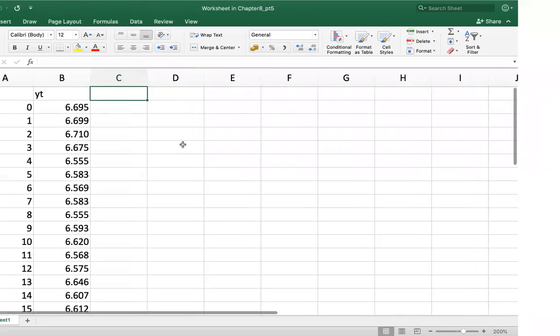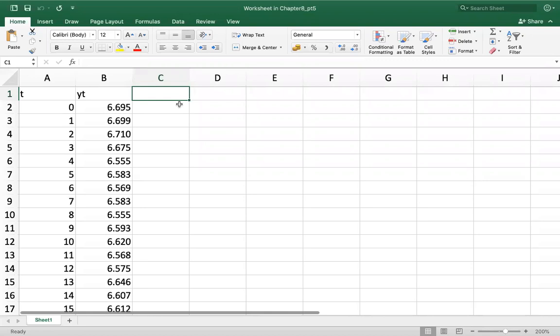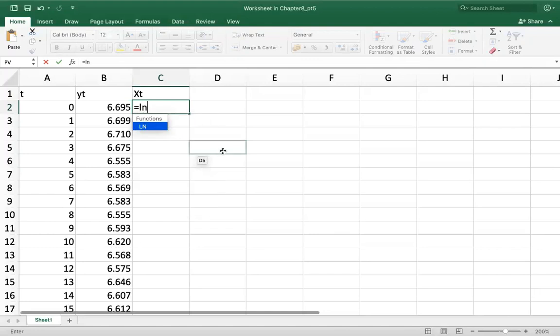The first thing to calculate is Xt, and the formula we use for Xt is the one I have just mentioned. What we do is basically take the natural log. We cannot calculate this for time 0, so it starts from time 1.